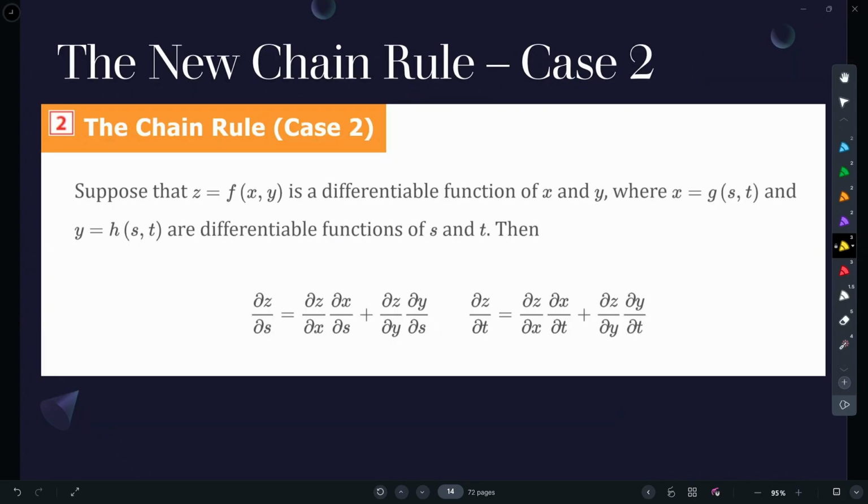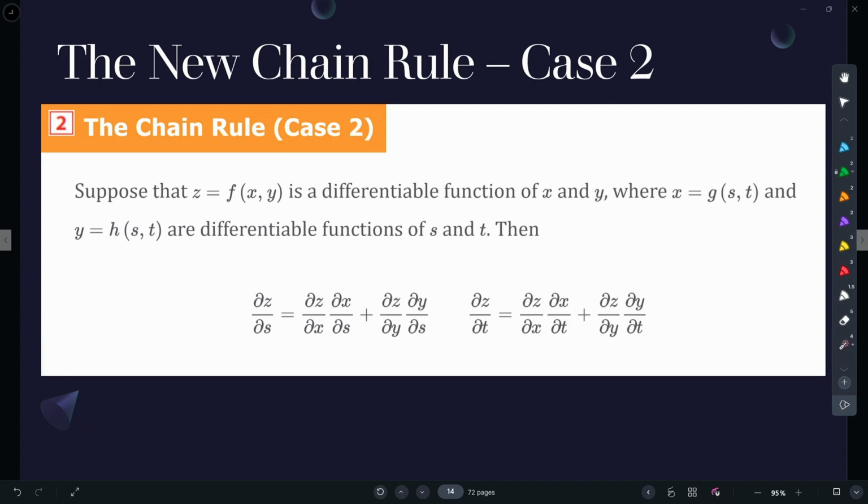So now the second case is the more complicated one for the chain rule here in two variables. I have a function in two variables, and I could substitute x and y in terms of functions of two other variables. So we have x and y here, and now x is going to depend on s and t, and h, or y, is going to depend also on s and t, and I'm going to plug everything in.